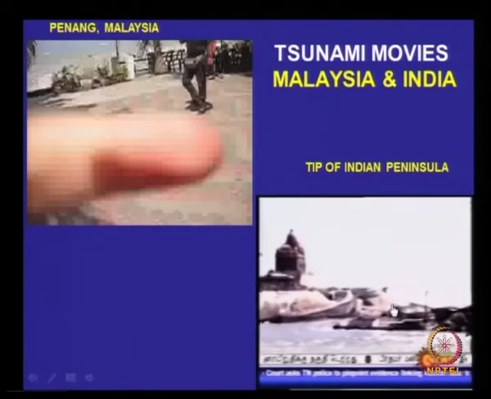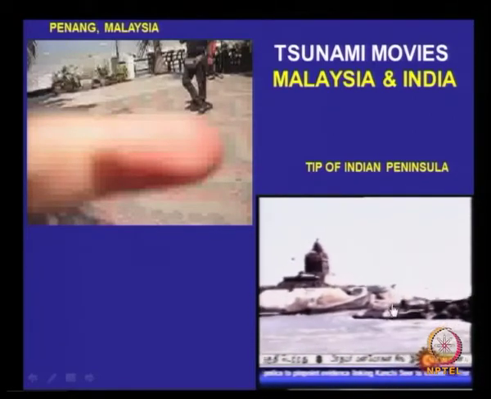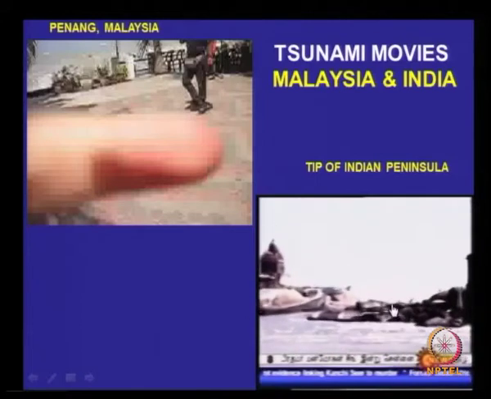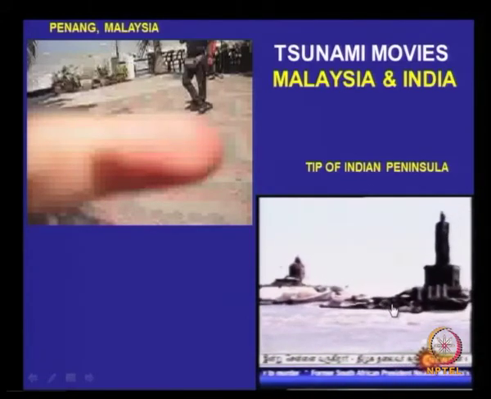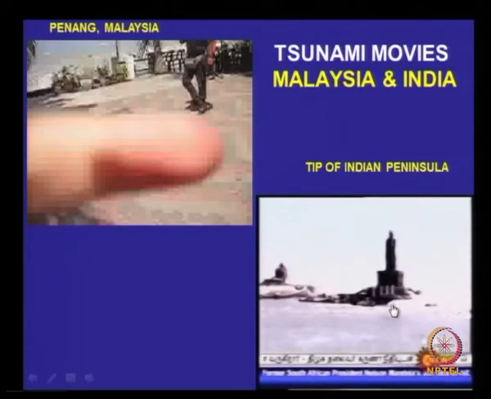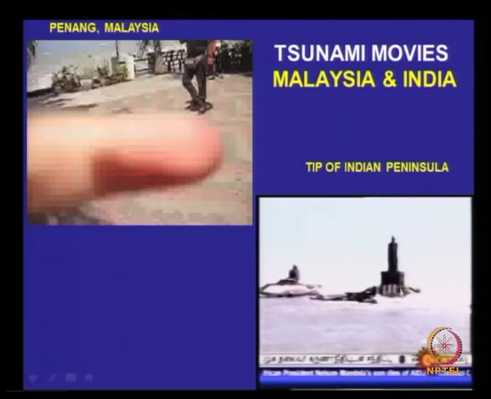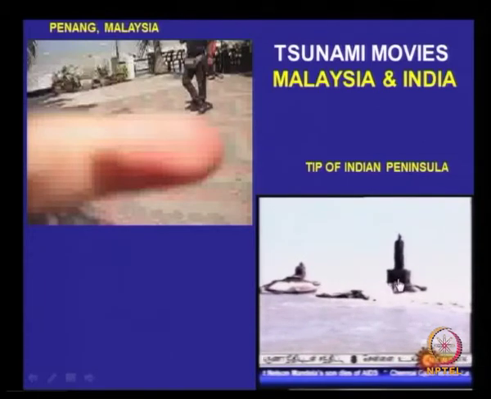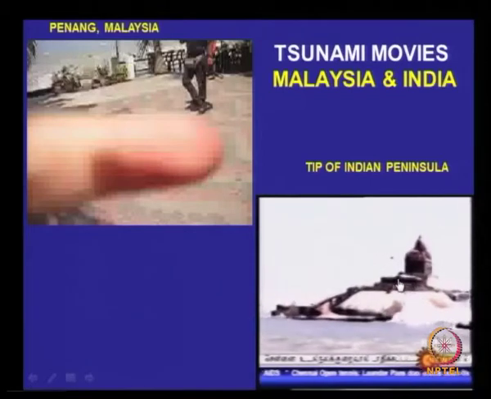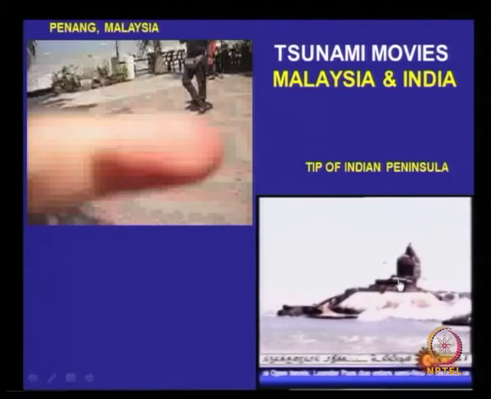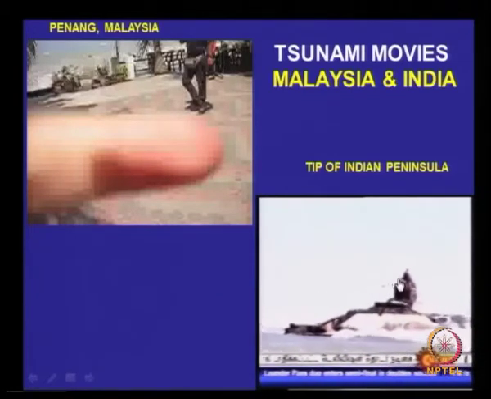There are so many incidents of people getting trapped near that area, but I do not want to go into all those details. So you see that here, it reached up to the pedestal of this statue. Is it clear? Okay.